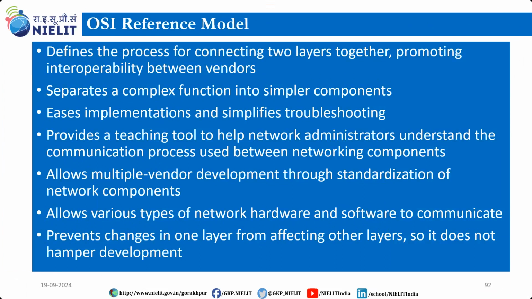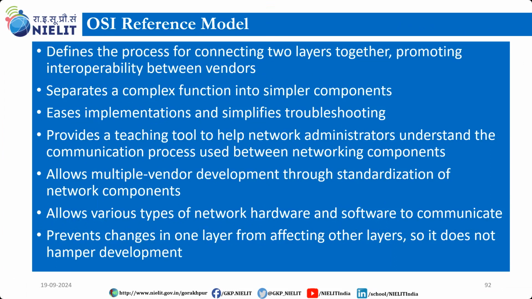During the development phase of TCP/IP software, everything was very complicated. To simplify the interoperability between 2 different vendors, 2 different operating systems, 2 different software, the ISO OSI model was documented and proposed by ISO. Separate complex functions into simple components, easing implementation and simplifying troubleshooting.